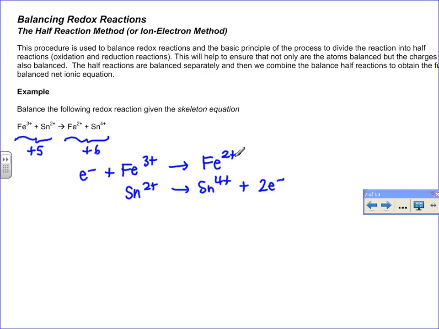So the least common multiple of this is 2. So what we're going to do is we're going to multiply this first reaction by 2. Okay, the second reaction, we don't need to do anything.